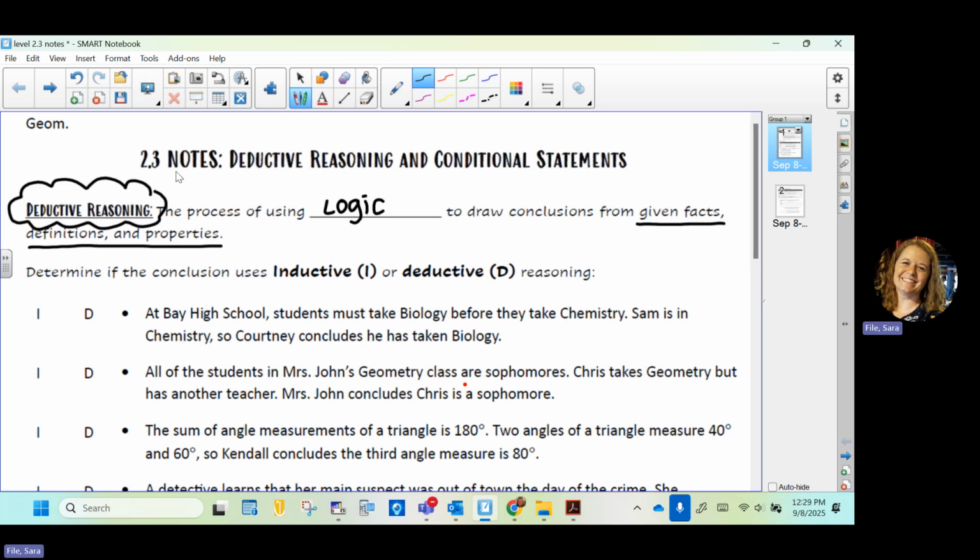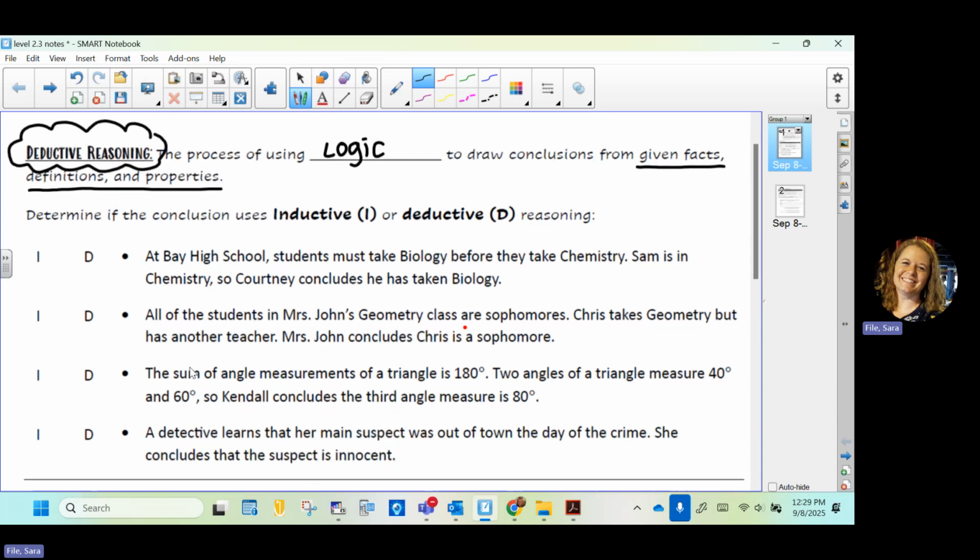So we're going to practice identifying whether these conclusions were drawn from inductive reasoning or deductive reasoning. The first one says, at Bay High School, students must take biology before they take chemistry. So this is a given. This is a rule at that school. Sam is in chemistry, so Courtney concludes he has taken biology.